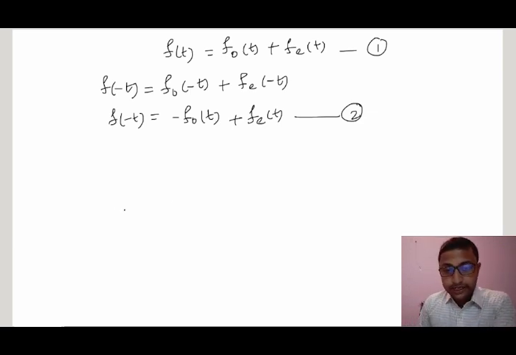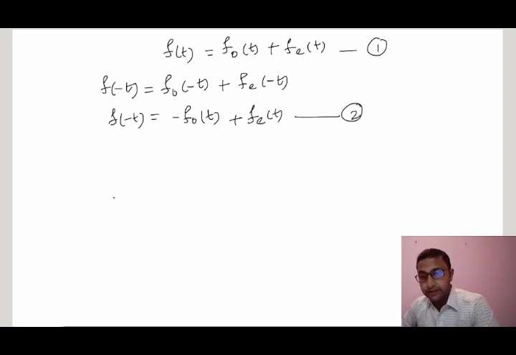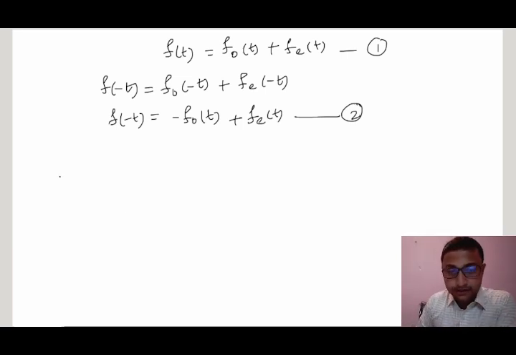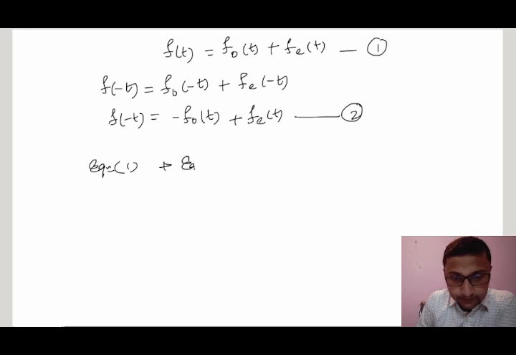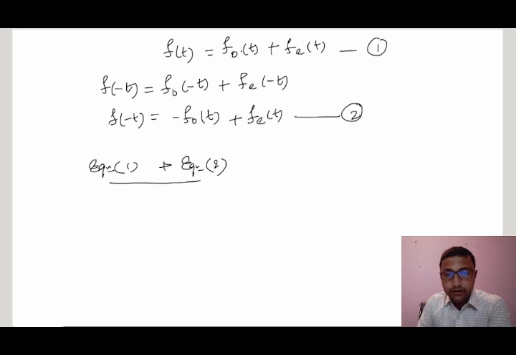So if we add and subtract between equation number 1 and number 2, first we add the two equations 1 and 2, second we subtract equation 2 from equation 1. Suppose first adding, equation 1 plus equation 2. Look, f_odd(t) and minus f_odd(t) will be cancelled out.